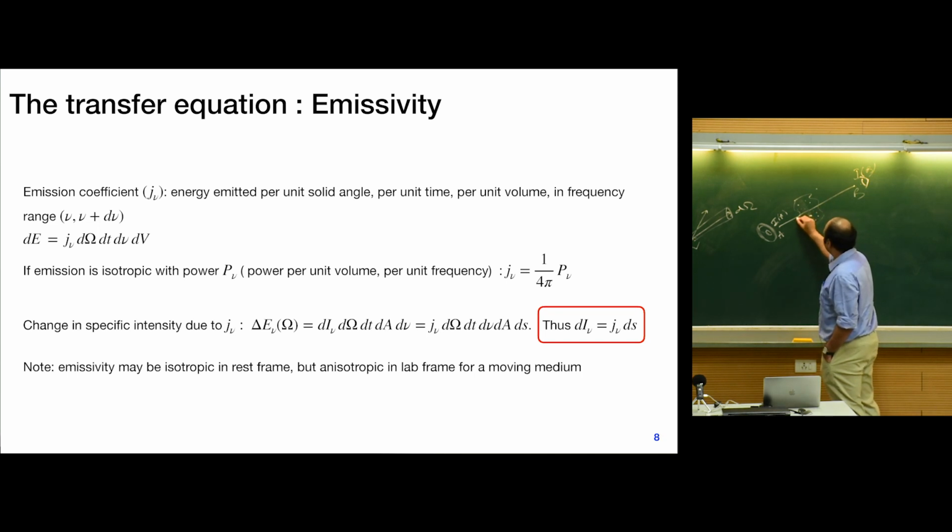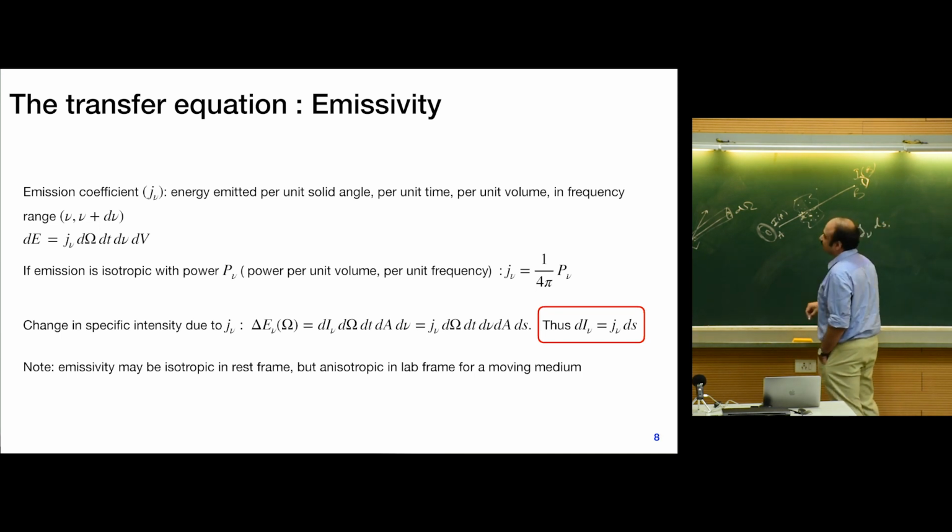So your small ray is covering small elements here. These are, let's say, ds1, ds2, etc. So the small change in intensity after it has traversed a small length here is di1, which is J nu ds1.